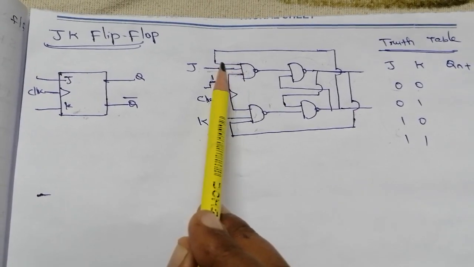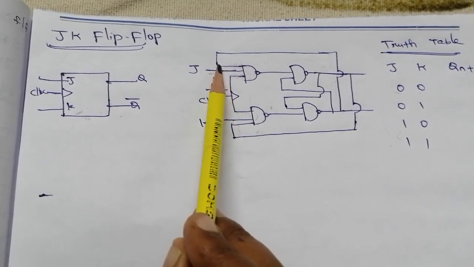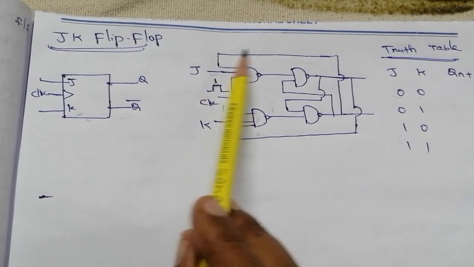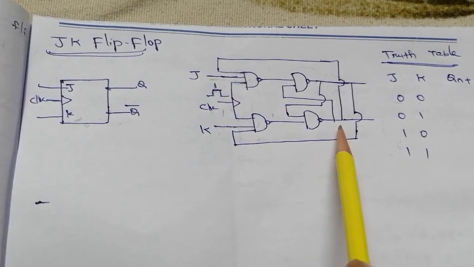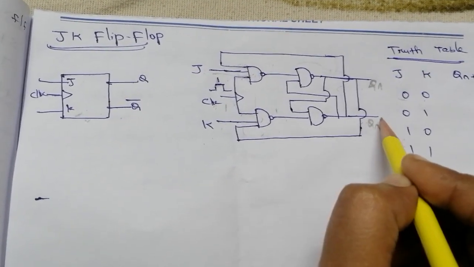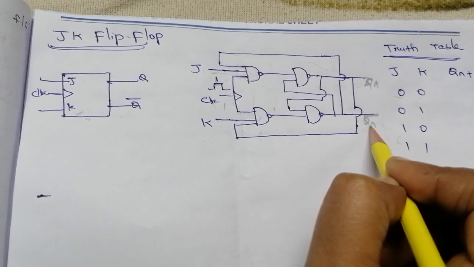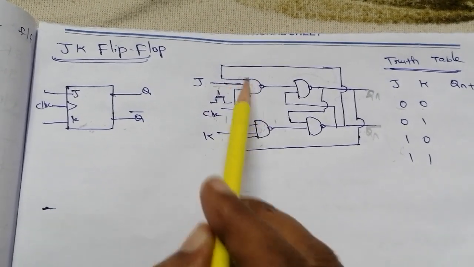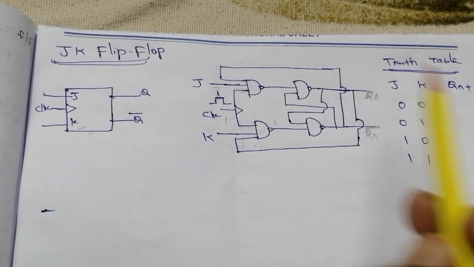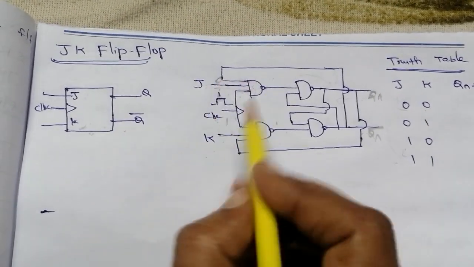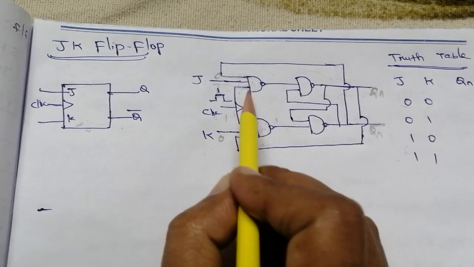What about the third input? The third input is nothing but the cross-coupled connection from the outputs of the next state. This is Qn, this is Qn plus 1, the Qn bar complement, right? So these two NAND gates have totally 3 inputs. Let's consider the first case, 0, 0. So this input is 0 and this input is 0.